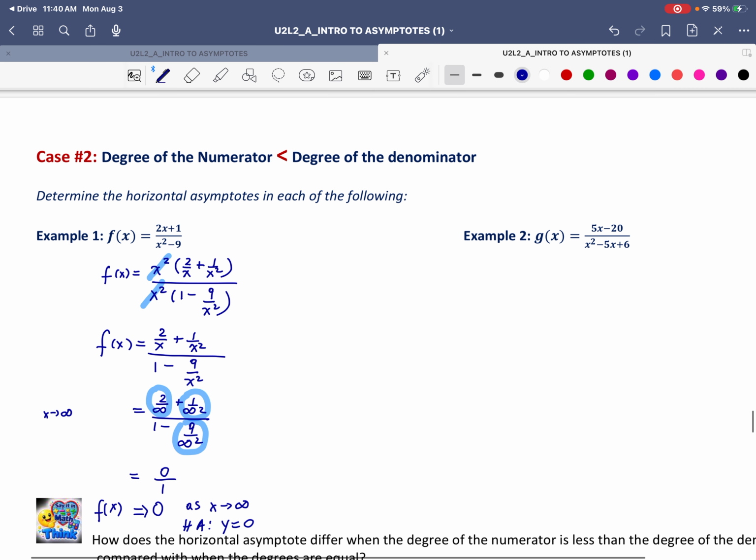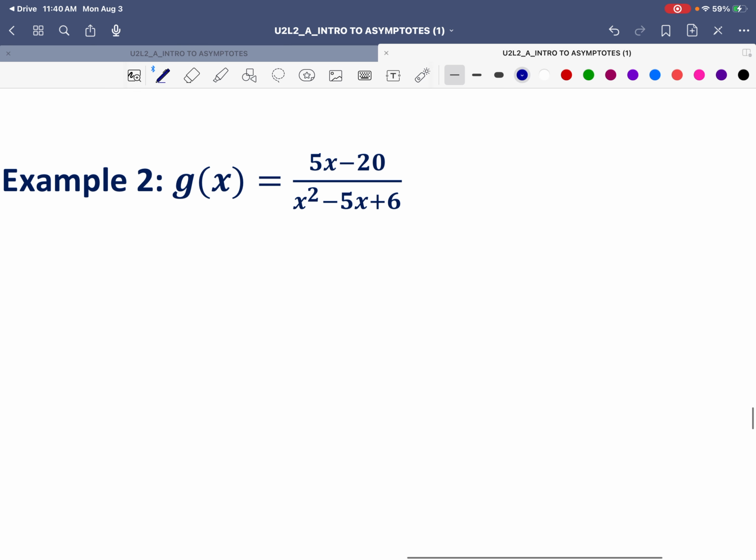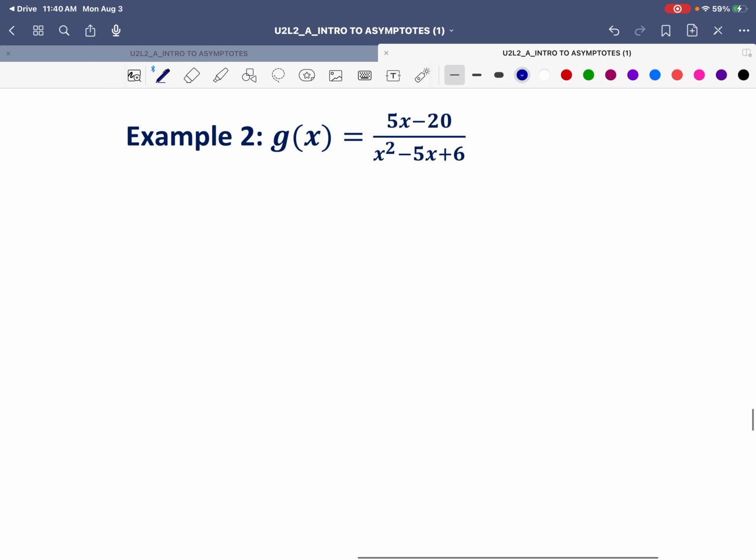We'll do the same thing with the next function, 5x minus 20 over x squared minus 5x plus 6. And you can try to do this on your own. It's not difficult. I will continue here. So we have g of x equals, again, I'm going to take out the greatest power, which is x squared, from both numerator and denominator.